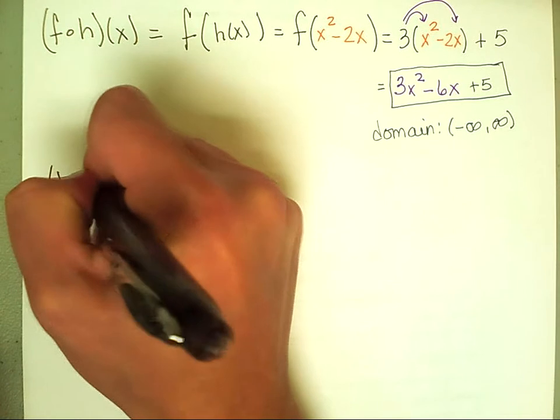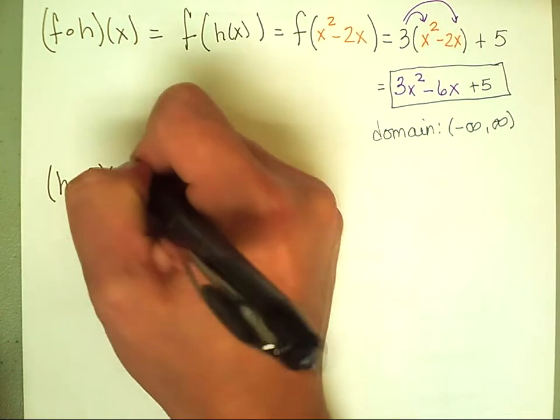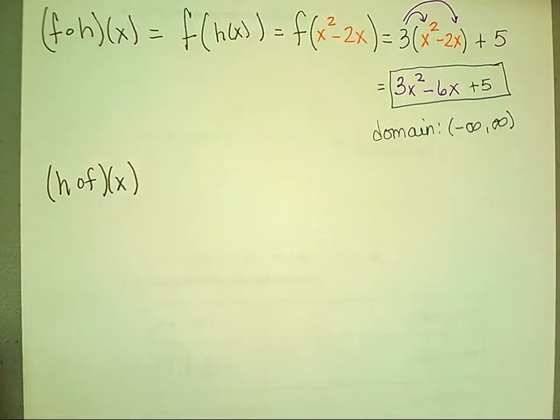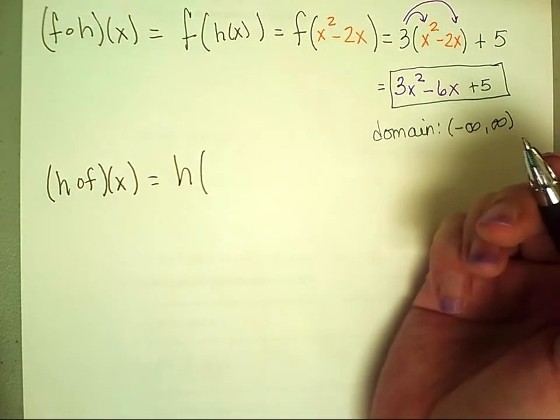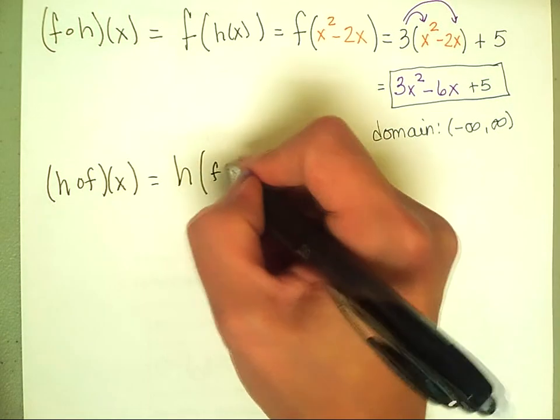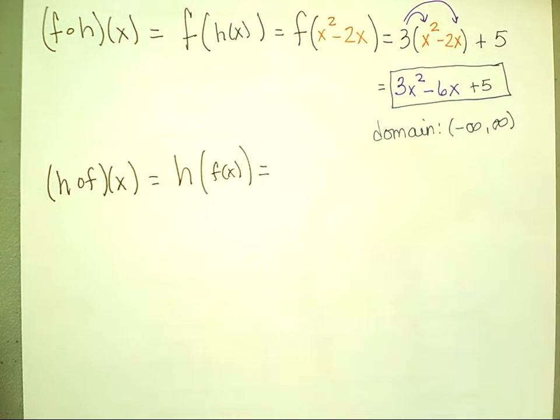Now we could do it the other way. We could take h and compose it with f of x. So that would mean now that h is the outside function, and what's going into h is f of x.